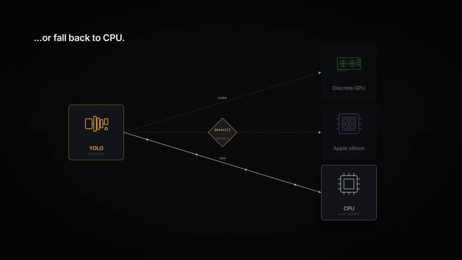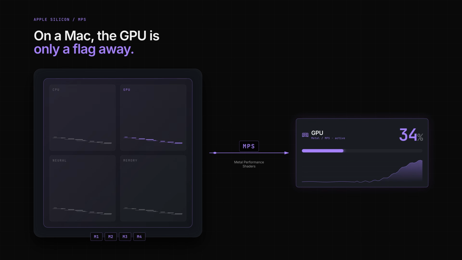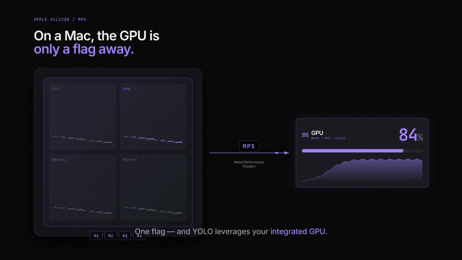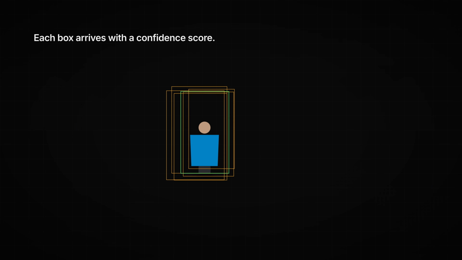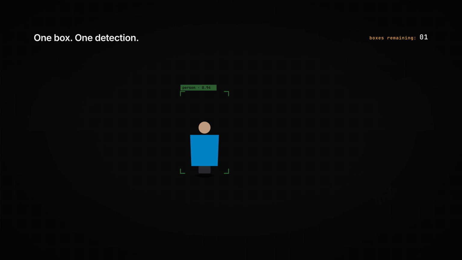Right, so let's talk about Apple products specifically. If you have an M1, M2, or even M5 like myself, YOLO can leverage your GPU using MPS, which stands for Metal Performance Shaders. But there's a massive catch. YOLO relies on an operation called NMS, non-maximum suppression, to clean up overlapping boxes.